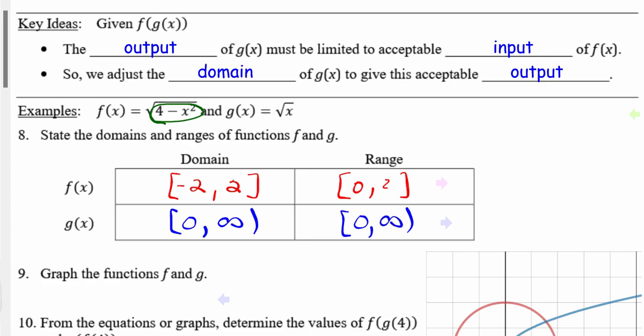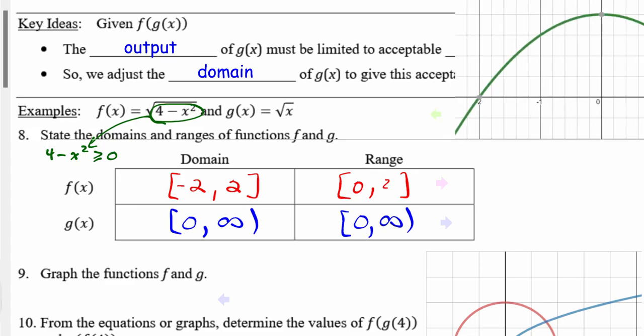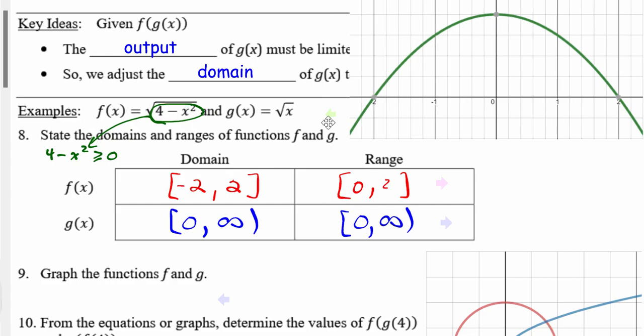Remember that when we're going to look at this domain, we're looking at when is this 4 minus x squared greater than or equal to 0. So again, the radicand has to be greater than or equal to 0. But a quadratic inequality can be challenging. One way that you looked at solving a quadratic inequality was to look at the graph. So here's what the graph of that 4 minus x squared looks like.